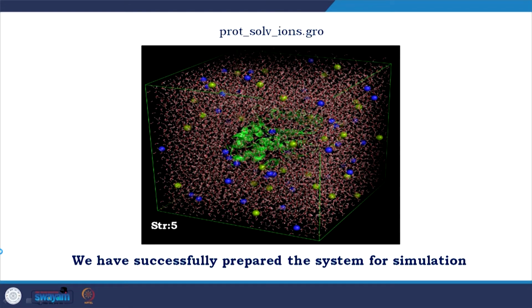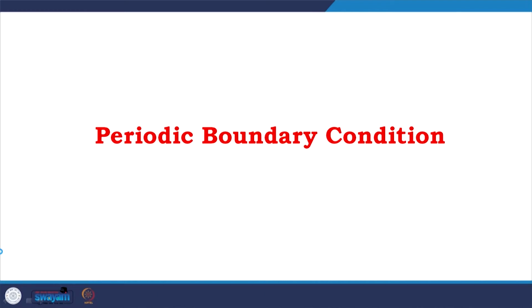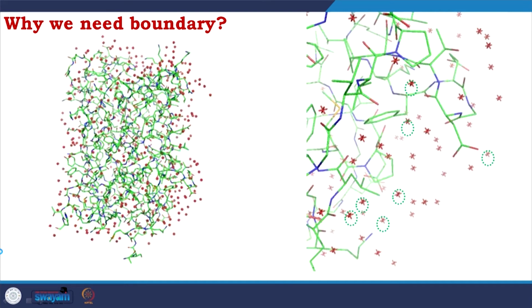Now we will proceed from that, but before going into it, there are certain things which should be discussed in detail, and one of them is periodic boundary condition. So first of all, why do we need a boundary? This is a representation of a protein structure where the protein is extensively solvated.